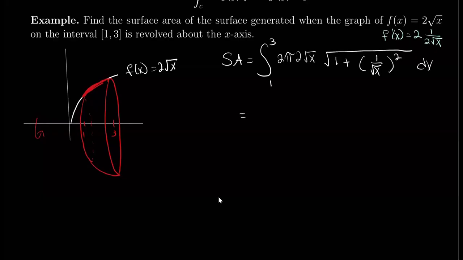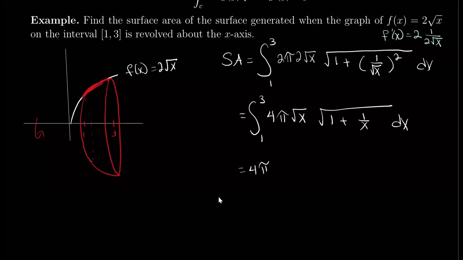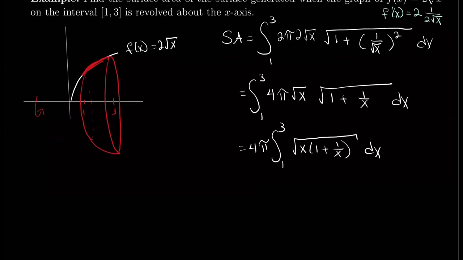Then we simplify. So I have the integral from 1 to 3 of 4 pi times the square root of x times the square root of 1 plus 1 over x dx. And then we simplify. 4 pi is a constant multiple. It can come on the outside of the integral. When you have a square root times a square root, you can put them both underneath the same square root, and then I'll be able to distribute accordingly. 4 pi times the integral from 1 to 3 of the square root.